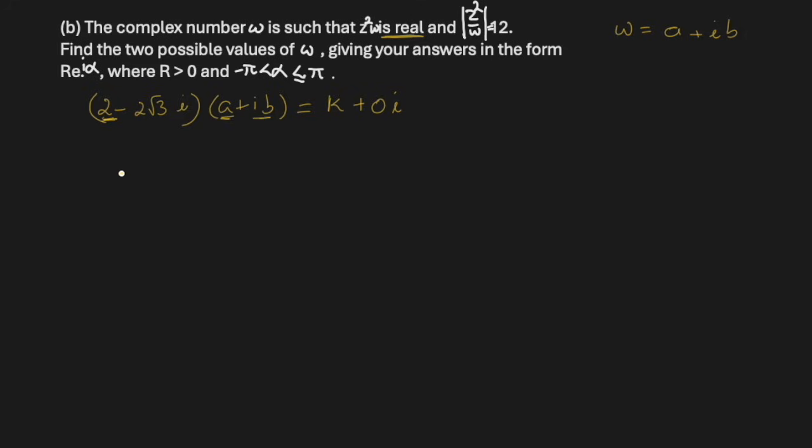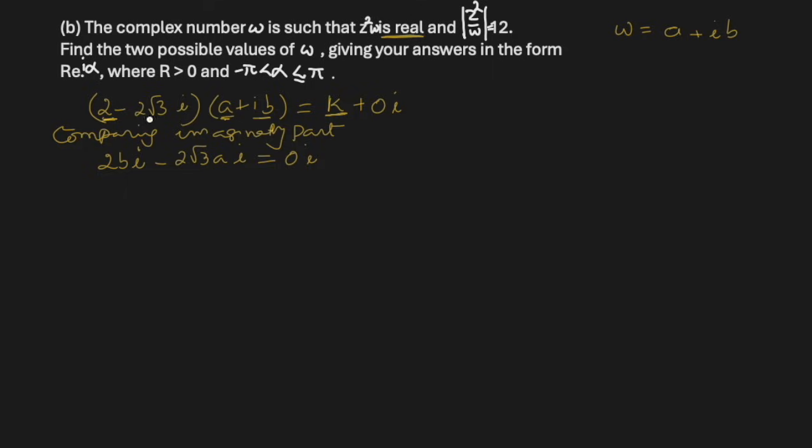2 and ib, yes, it will give me, let me write it 2bi for simplicity's sake. It is the imaginary part, right? Now, a and this will also give me an imaginary part. So minus 2 square root 3 a i is equal to 0i. So I compared the imaginary part only because I'm sure that there is only a real part, there is no imaginary part.